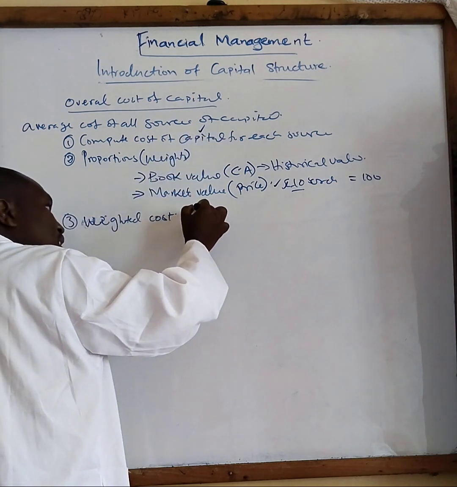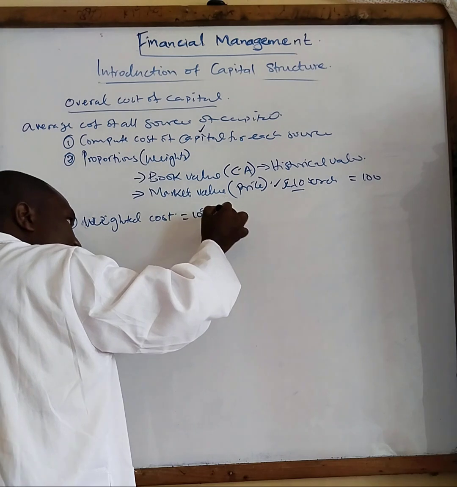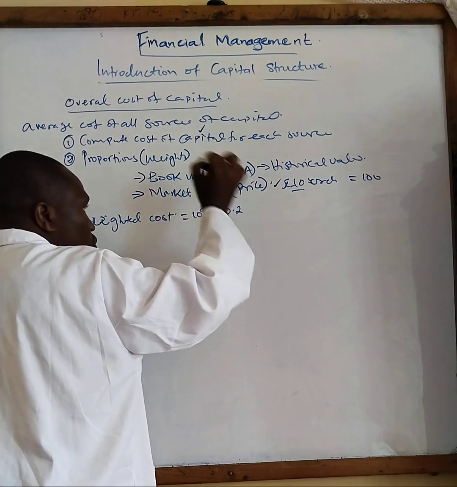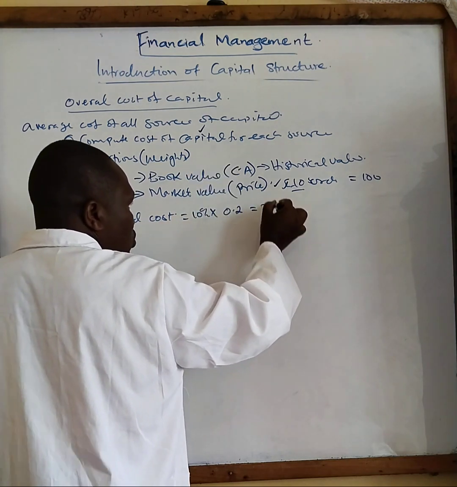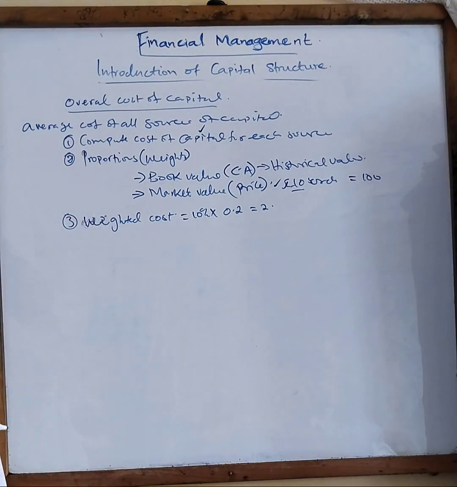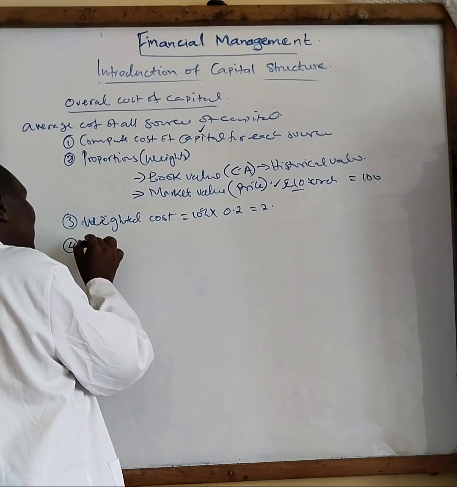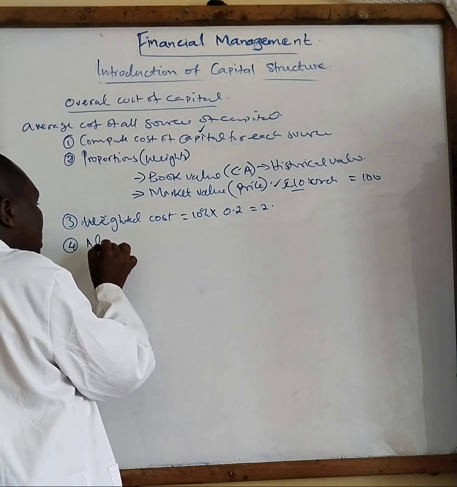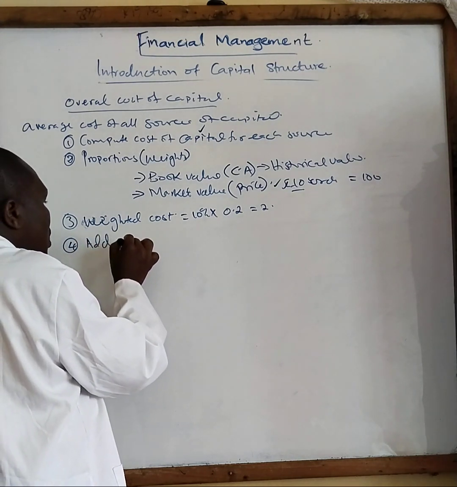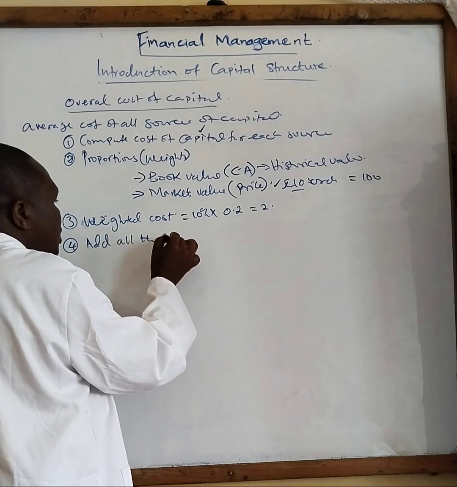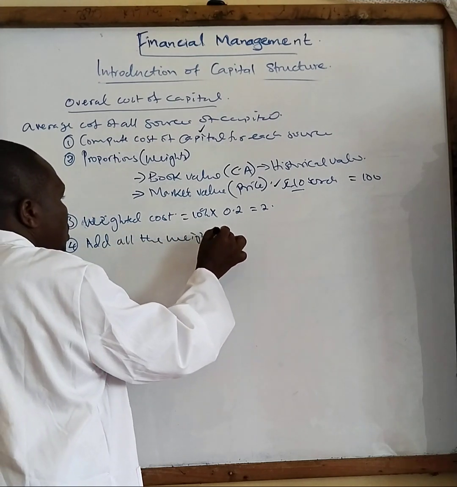Therefore, you say the cost may be 10% times the weight. Maybe you have found the weight to be 2. So what is the answer here? 2. Then from there, the fourth step is to sum or add all the weighted costs.